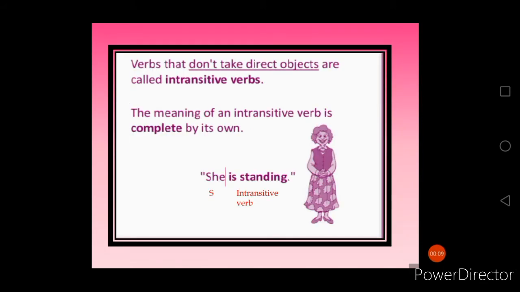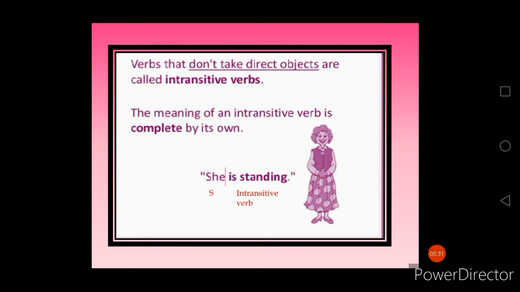Okay, here I will explain you what is an intransitive verb. Right students, listen carefully. In a sentence, after an action verb, there is no object, and also have any adverb or adjunct, that verb is considered as an intransitive verb.